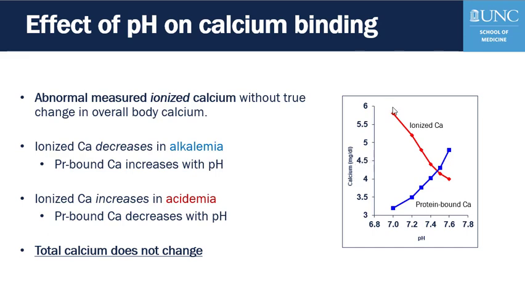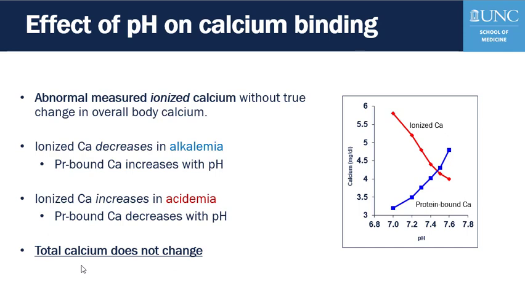So ionized calcium decreases in conditions of alkalemia because protein-bound calcium increases as the pH goes up. And conversely, ionized calcium increases under conditions of acidemia when the pH is low because protein-bound calcium decreases as the pH decreases. So the total calcium concentration in all of these conditions doesn't change.